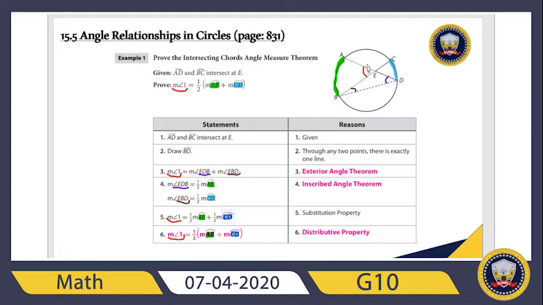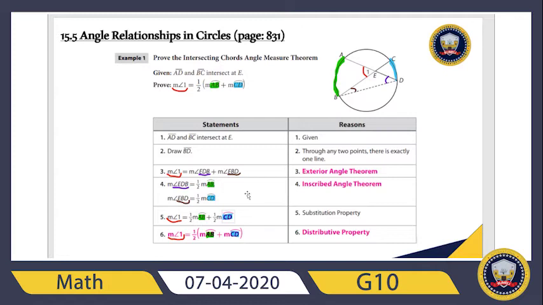Now 1 will be, of course, 180 minus E. And we know that 180 minus E is B plus D. So 1 is equal to B plus D. Okay, this is called the exterior angle theorem. And I think you saw it in grade 6.